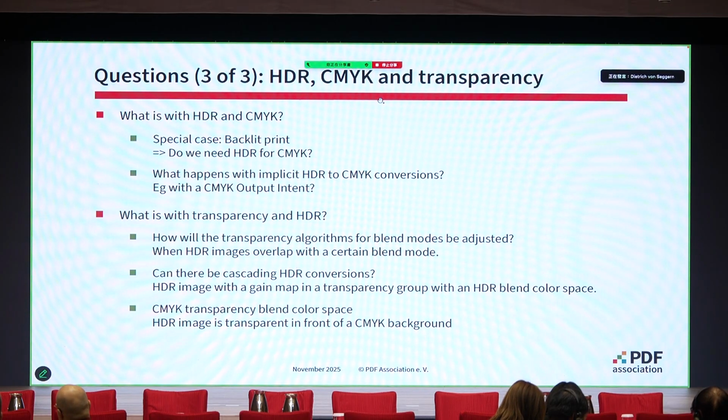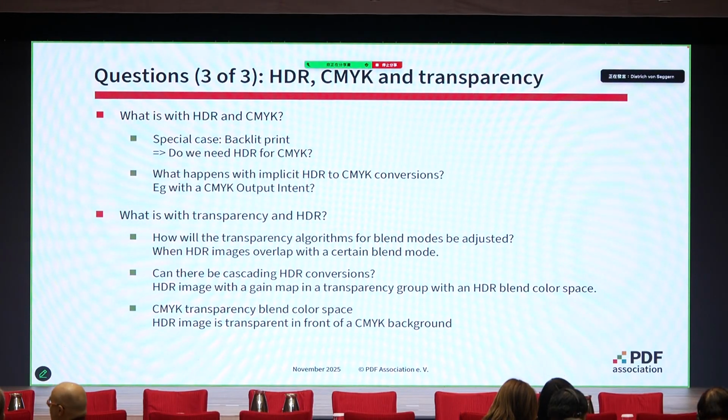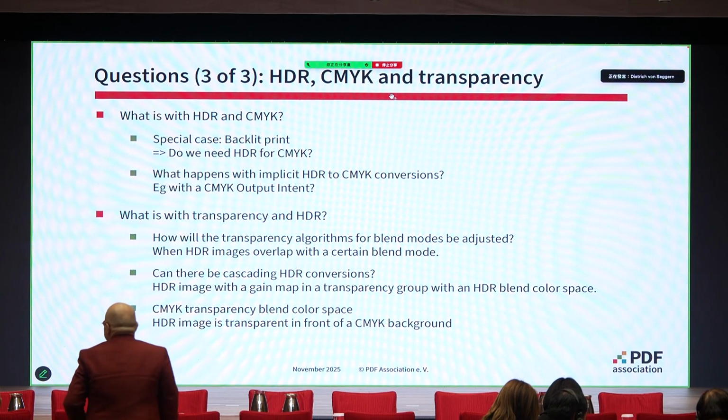With transparency, you always have to have a blend color space where two objects are being converted into so that they can be processed in the same color space. And then it could happen that I have one object that uses HDR in front of, let's say, a CMYK image, and it needs to be specified how this object that is transparent and uses HDR is then calculated with an object in the background.